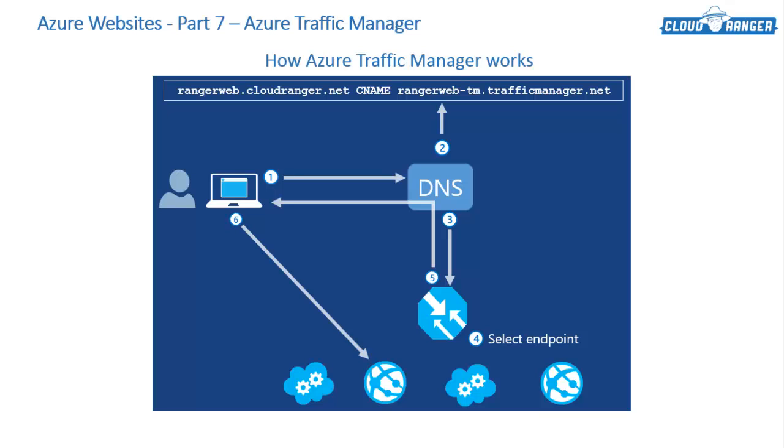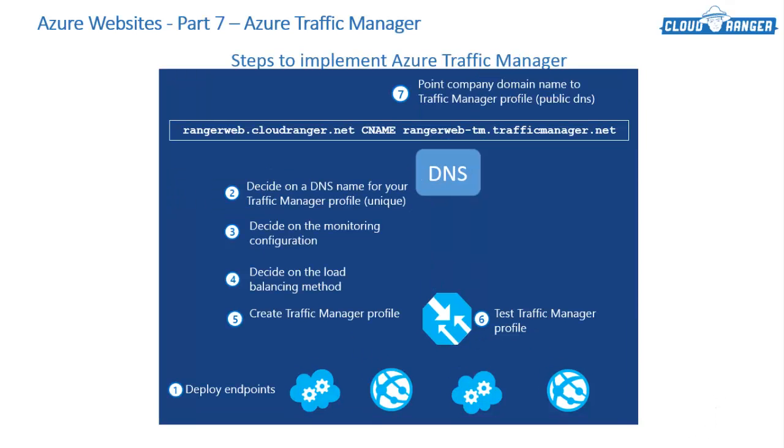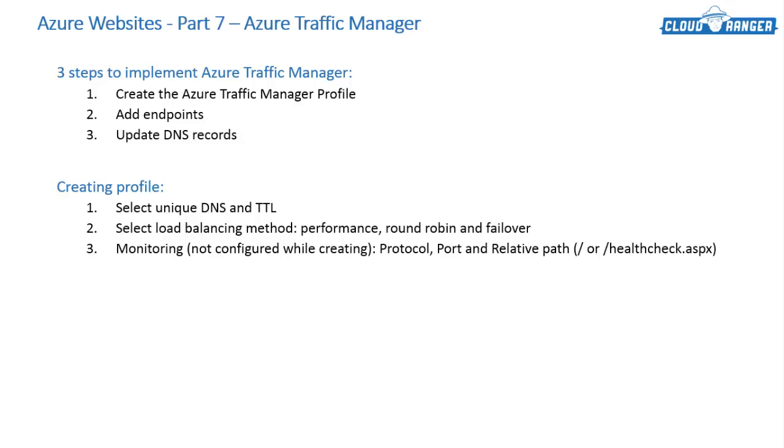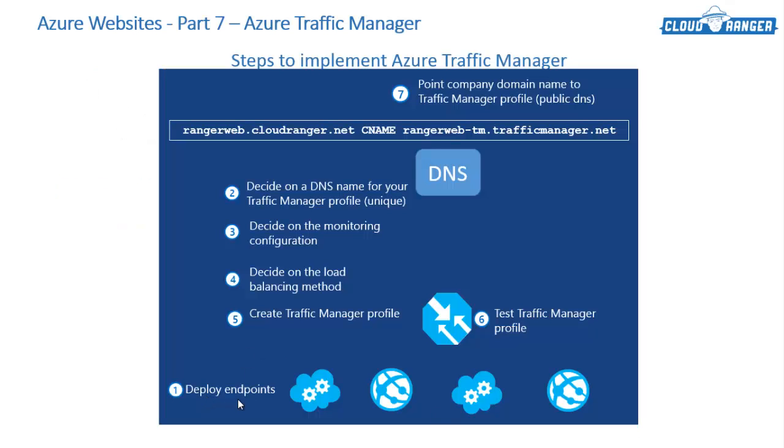All right, so let's move on to our next slide and actually see how to create a Traffic Manager profile and get started, and we can see what it can do. I'll give you step-by-step instructions on how this is done. First things first, you have to make sure that you are first deploying the endpoints.